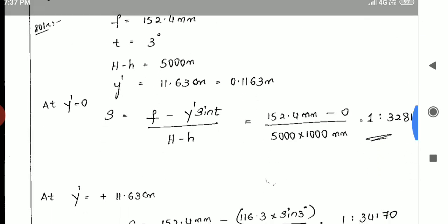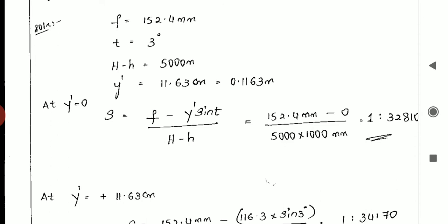See here, what is the tilted photograph formula? S equal to f minus y dash sin t by H minus h. So take three y dash values: minus 11.63, plus 11.63, and also y equal to 0. Already, a minute before, I drew this, so we have to refer to that diagram.